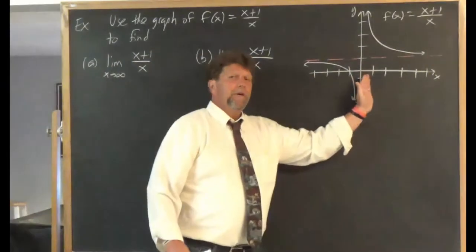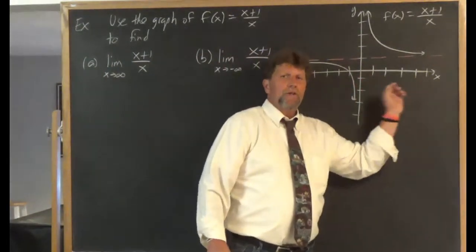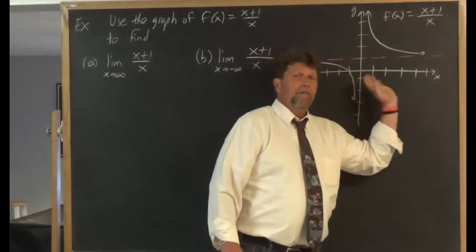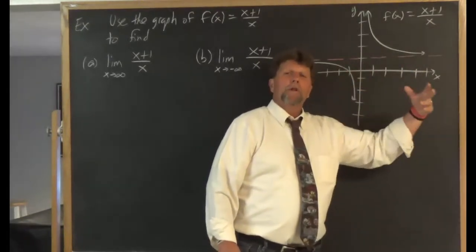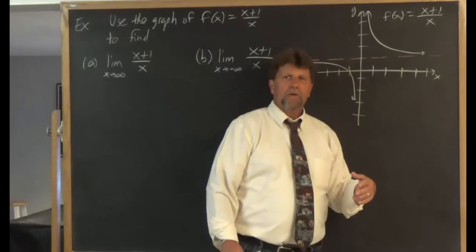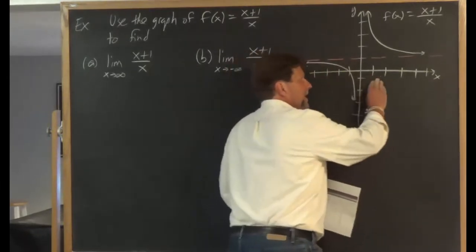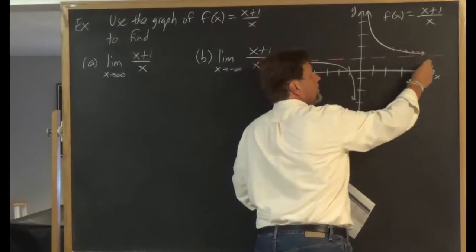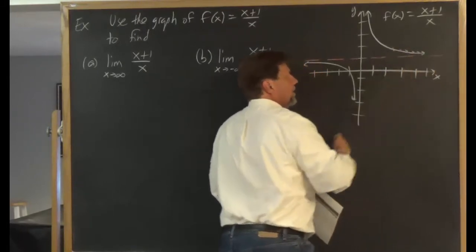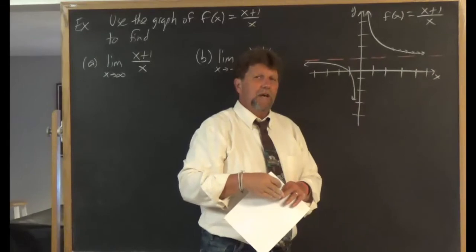So we're letting our independent variable x increase without bound. It's heading off past Bill Gates' bank account. What are those y values getting closer to? Well, as x heads off to infinity, it looks like the y values are getting closer and closer to that red dashed line.